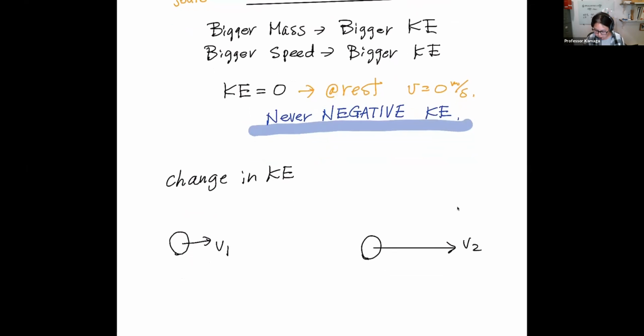So whenever you have a change in kinetic energy, that implies a change in velocity, a change in speed, a change in how fast it's moving.